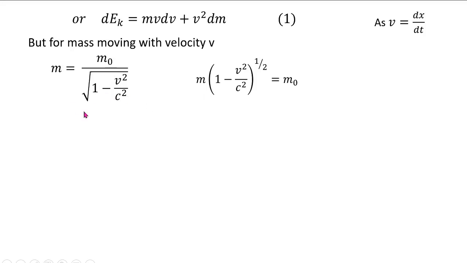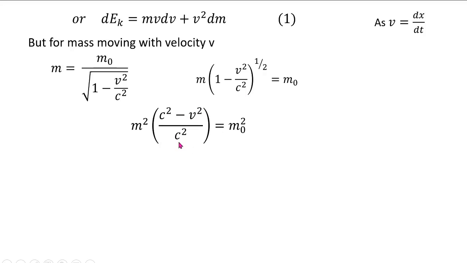If we multiply the denominator on the left hand side, then m into 1 minus v square upon c square raised to half is equal to m0. Squaring both sides, we get m square, taking c square as LCM, c square minus v square upon c square, is equal to m0 square.